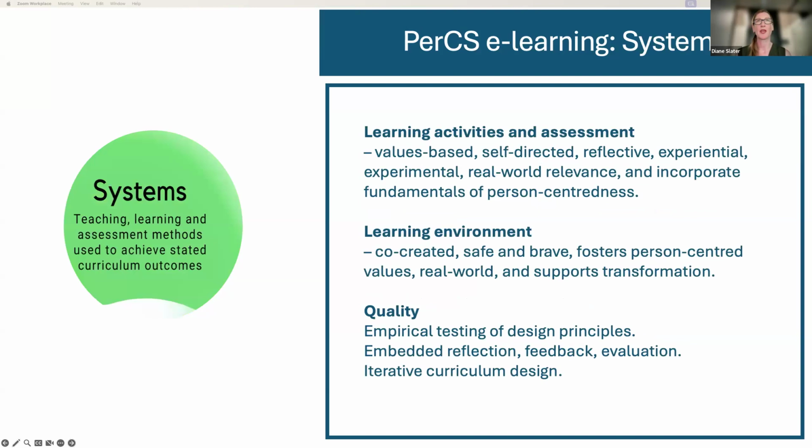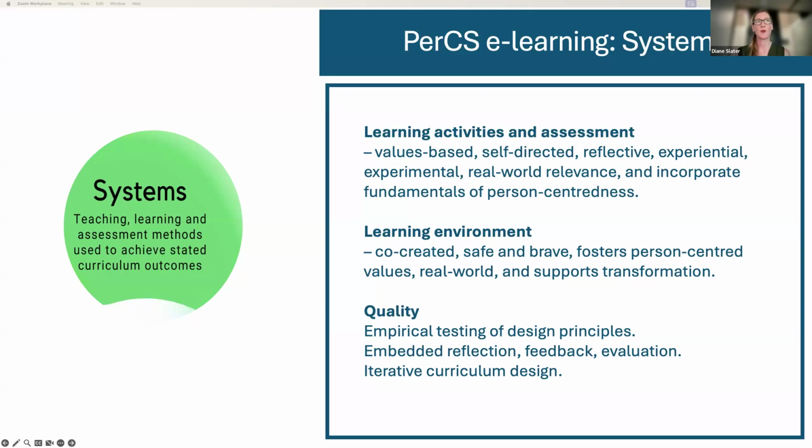For systems, of course, this still includes the learning activities and assessments. And you'll see some of the key features coming through here, the fact that it's values-based, that it's reflective, it's experiential, that the learning environment is co-created, and that really supports transformation.